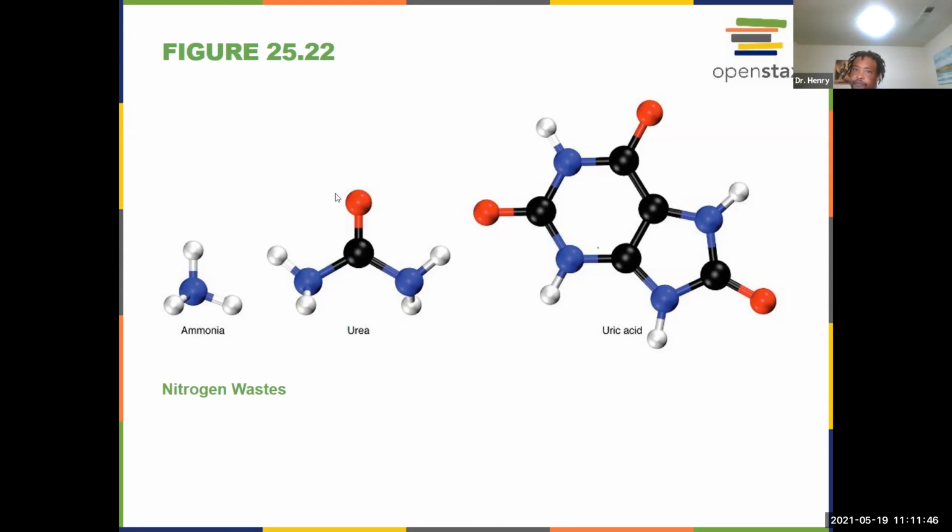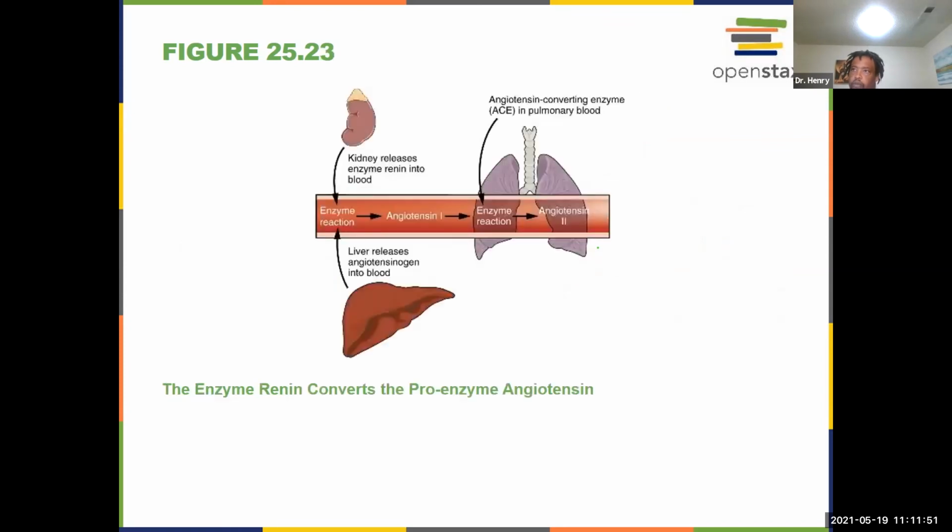So we had talked about this earlier, where we're getting the conversion of the angiotensinogen to angiotensin 1, and then also angiotensin 2.